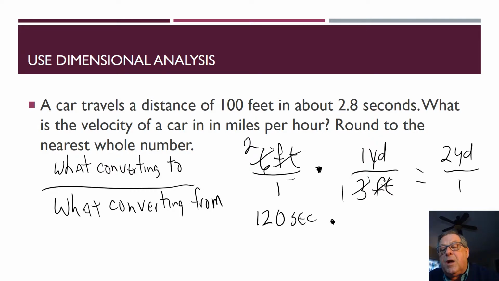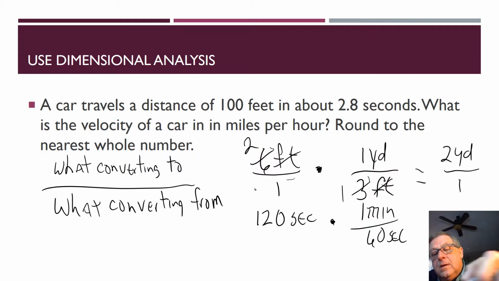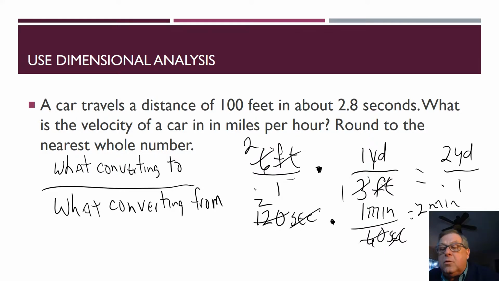That's 2 minutes, because 1 minute has 60 seconds. And if I were to use that kind of conversion ratio, my seconds are going to cancel. I'm going to be left with a unit of measurement of minutes, and 60 will go into 120 2 times. And then it's simply 2 times 1, or what we already know intuitively, 120 seconds is equal to 2 minutes. So we're setting it up: what we're converting to over what we're converting from.